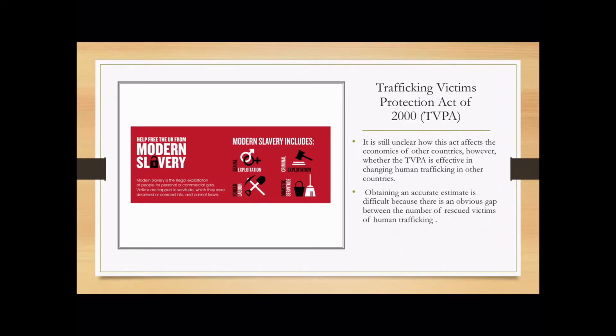However, whether the TVPA is effective in changing human trafficking in other countries, obtaining an accurate estimate is difficult because there is an obvious gap between the number of rescued victims of human trafficking who form the basis for the statistical data and the total number of trafficking victims in existence.